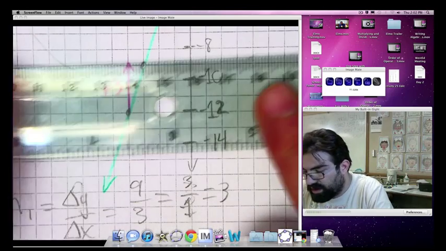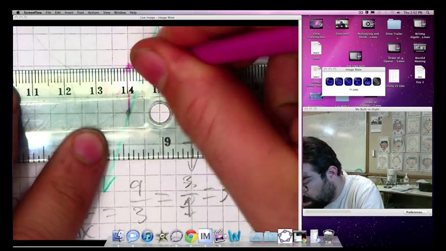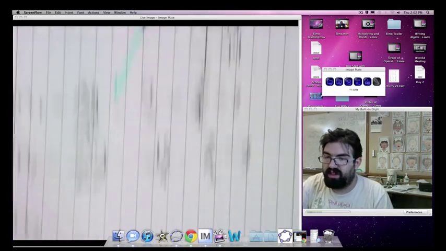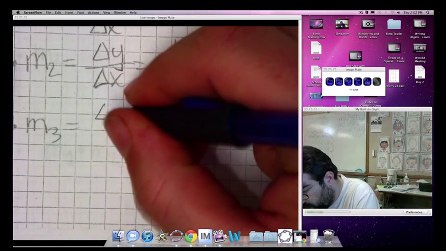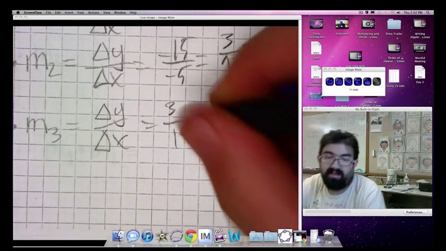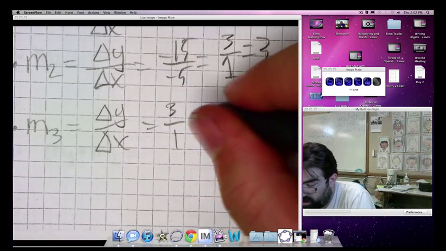I go up by 3. I'm going over by 1. Forward by 1. So that's really neat. The change in y over the change in x is already equal to 3 over 1, which is also equal to 3.